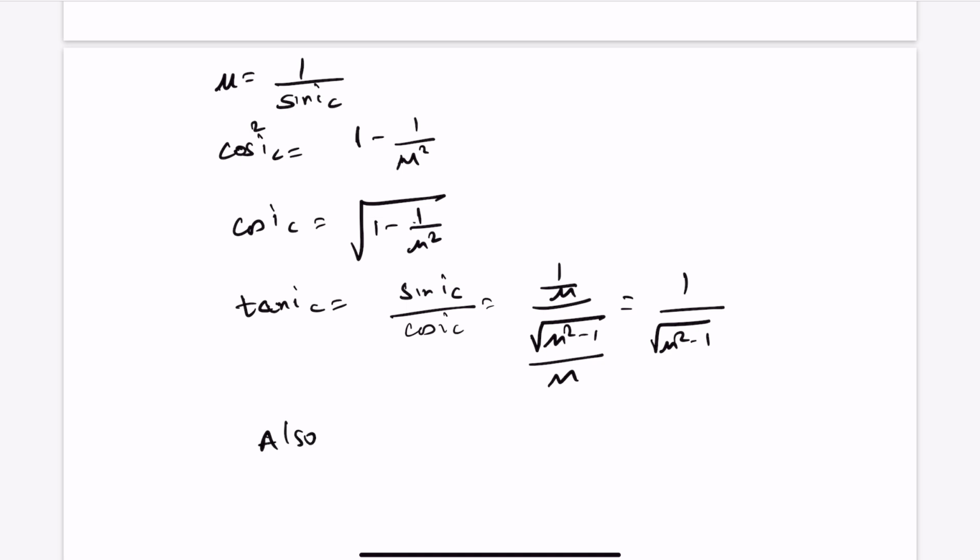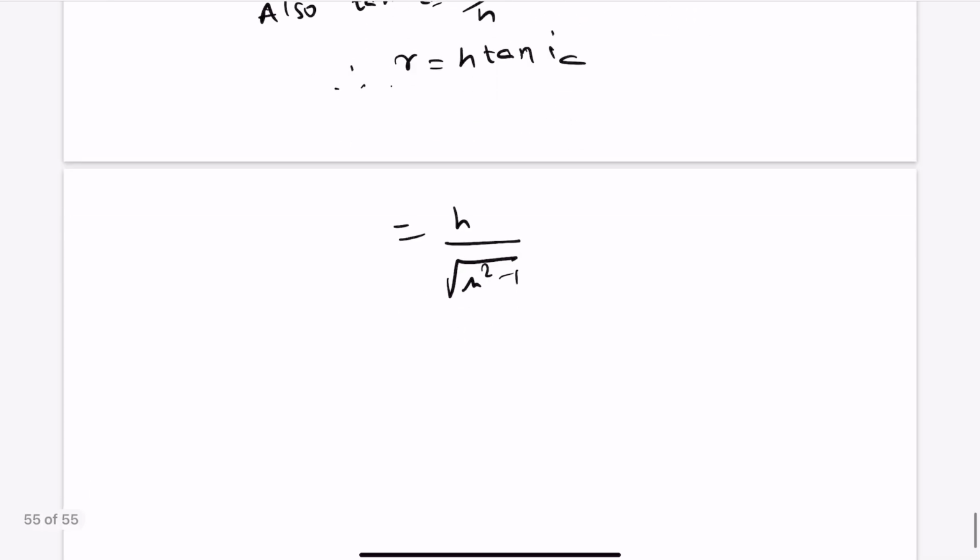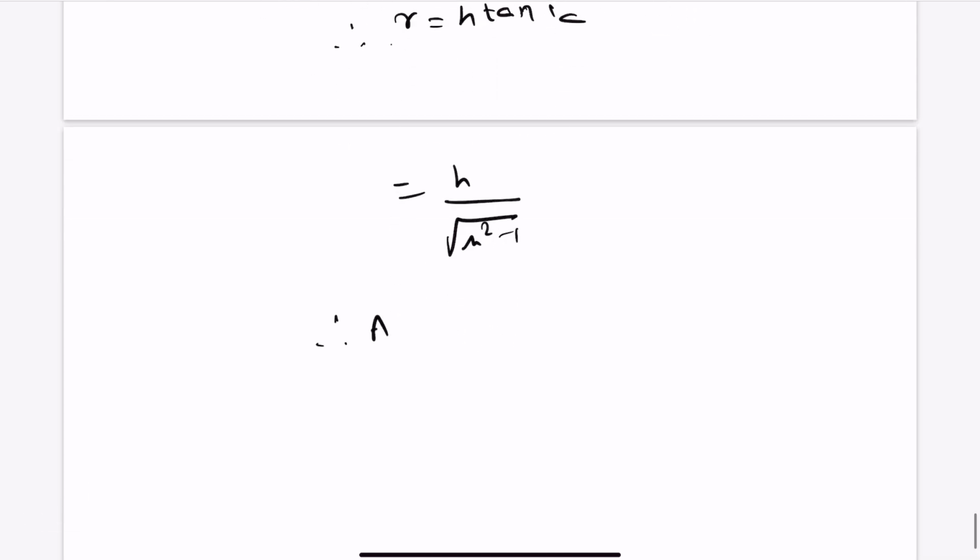Also tan IC is equal to R by H. Therefore, R is equal to H tan IC, that is equal to H by root of mu square minus 1. Therefore, area A equals pi r square, which is equal to pi h square by mu square minus 1.